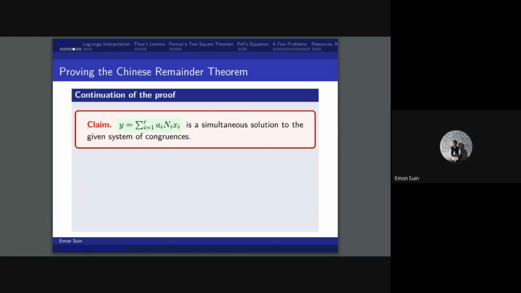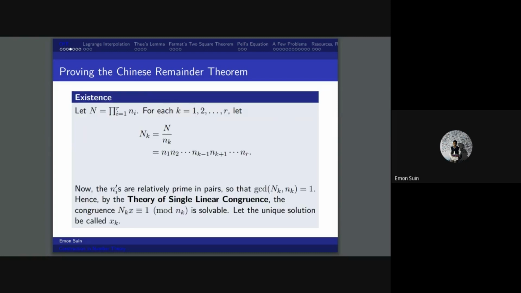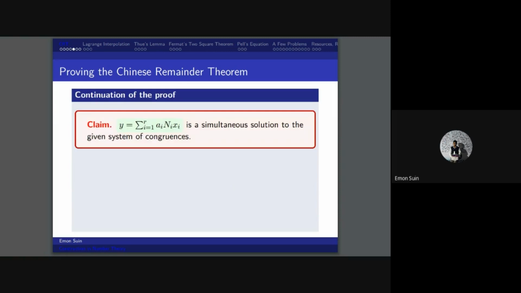That means this summation of ai Ni xi will be congruent to ai mod ni for all i. This was not so direct, but if we think a little, we can find out why we made it: we are trying to make a sum of the ai's, Ni's and xi's. So we started the proof.